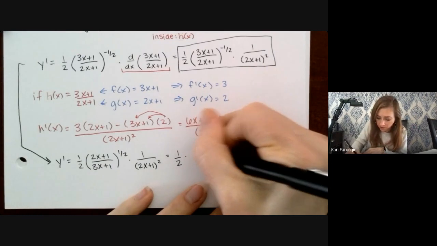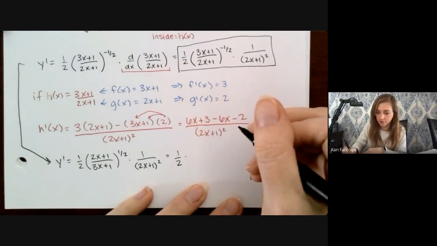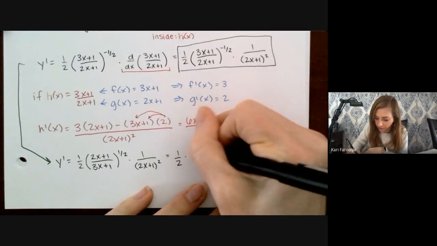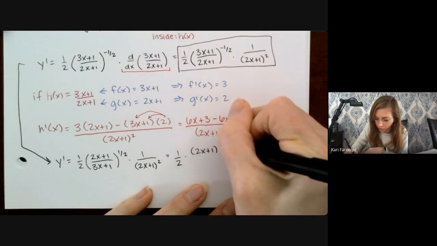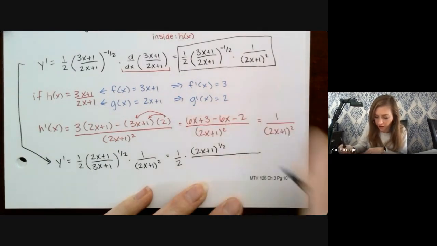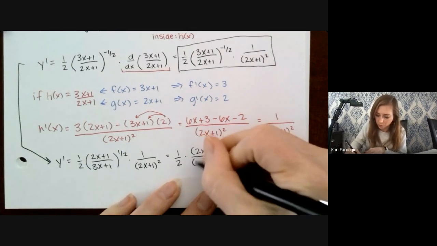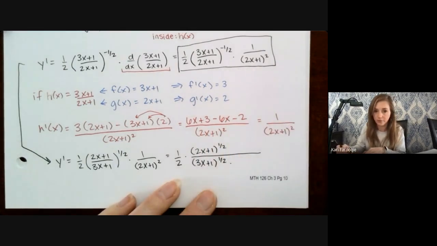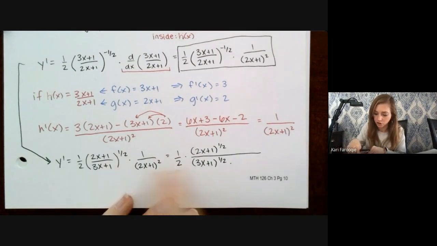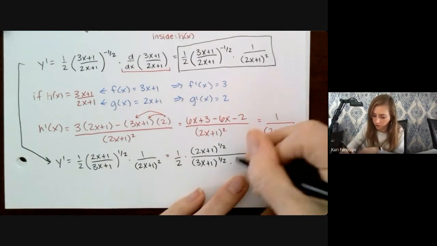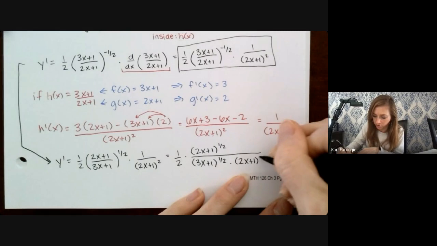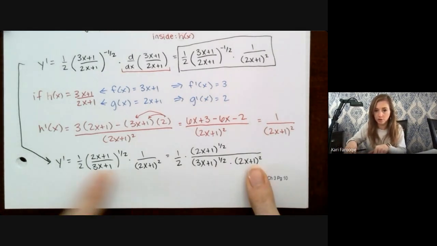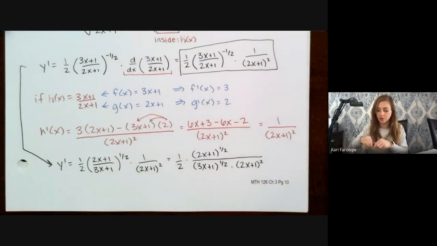So I can rewrite this, and this is all going to seem like it's happening so fast. 2x plus 1 to the 1/2 power divided by 3x plus 1 to the 1/2 power. See, nothing has really changed except we've used this exponent rule from algebra. And then I'm going to keep this 2x plus 1 squared in the denominator right where it is.